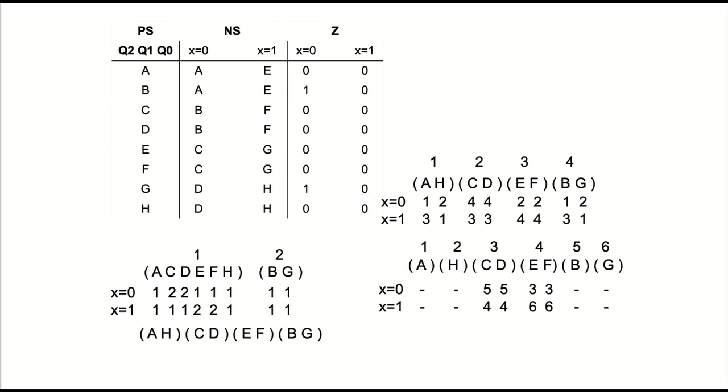So I actually only need to check group 3 and group 4. And fortunately, they don't split. They still go to the same next state groups, and so I'm done. At this point, I know that states C and D are equivalent, and states E and F are equivalent, and everybody else is different.